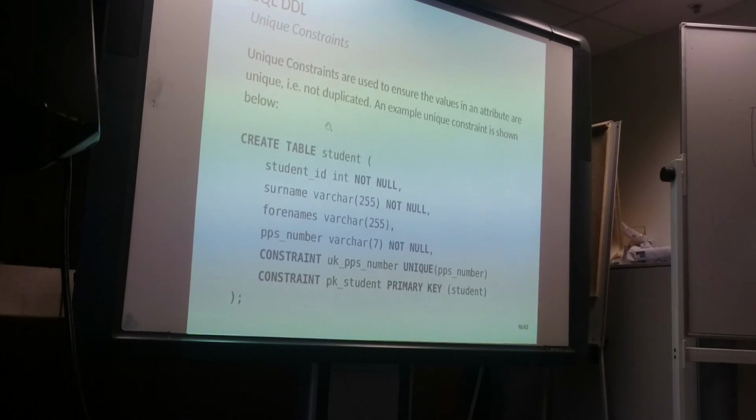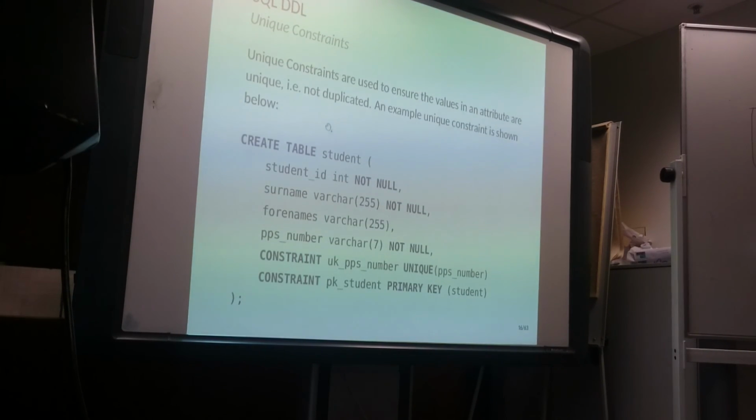A unique constraint. Have you done unique constraints? Yes? Okay. So what is the unique constraint doing? It makes sure that no duplicates exist within that column.